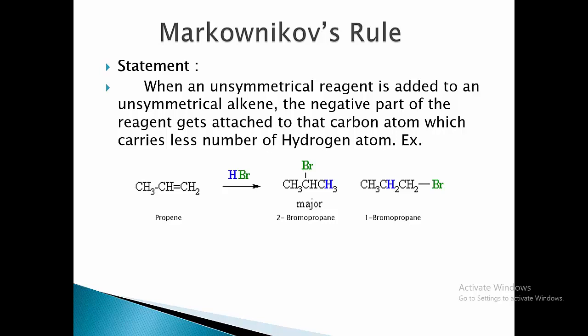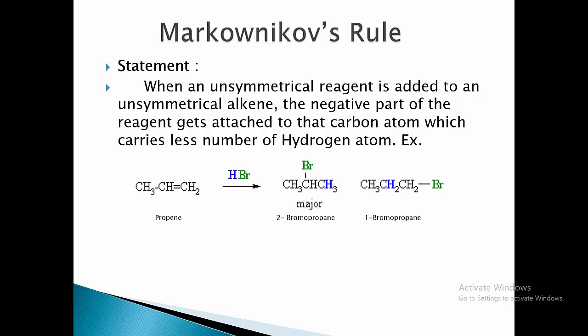For example, CH3CH=CH2, when it is treated with HBr, gives CH3CHBrCH3, that is 2-bromopropane, plus CH3CH2CH2Br, that is 1-bromopropane. Here 2-bromopropane is the major product and 1-bromopropane is the minor product.